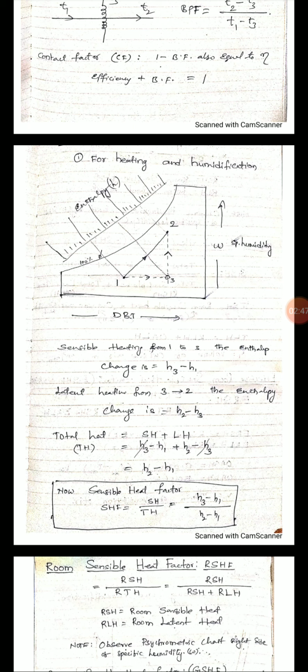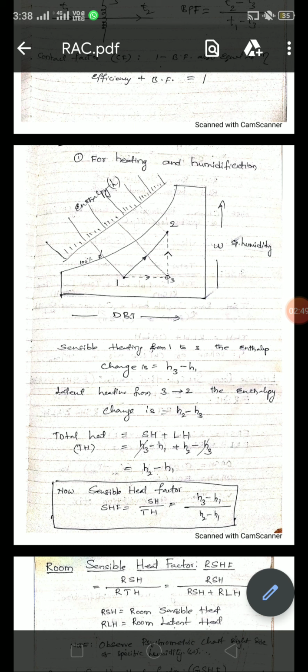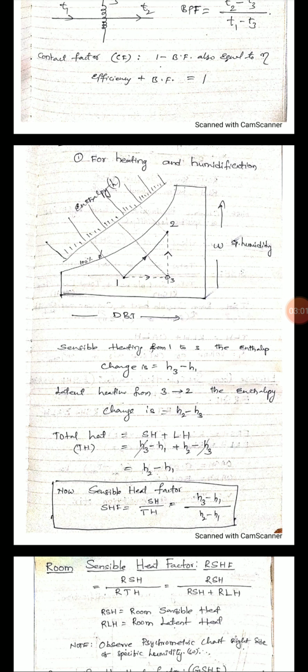The initial state is 1 and the final state is 2, where the initial temperature TD1 is less than the final temperature TD2, and the initial specific humidity W1 is less than the final humidity W2.